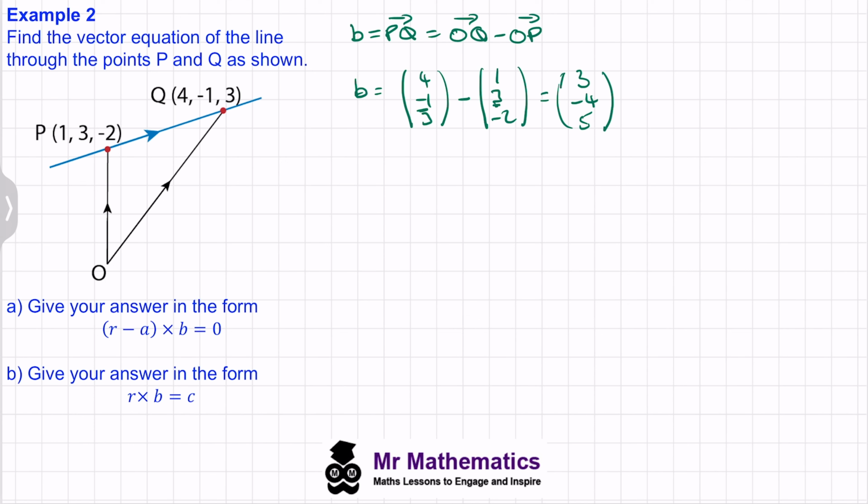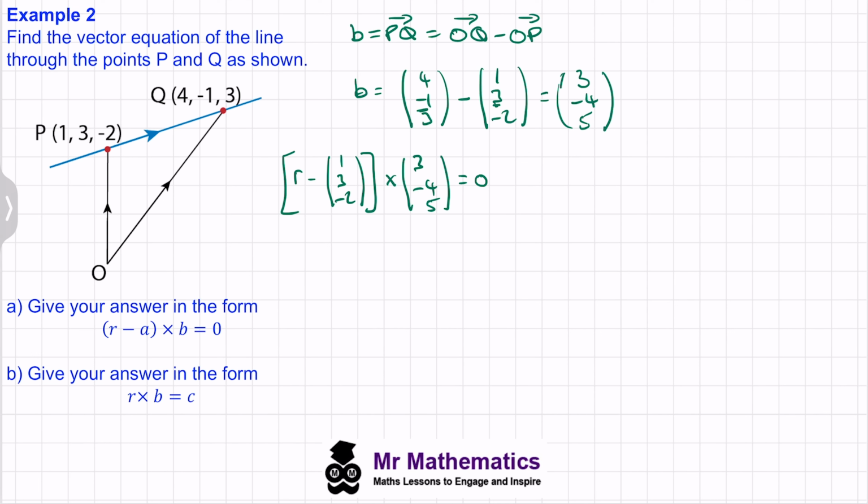You can see in the question we've been given a point on the line, which we could use as either P, 1, 3 and negative 2, or we could use the point Q, 4, negative 1 and 3. So I'm going to use both. For the first one, we'll have r minus point P, 1, 3, minus 2, in square brackets, crossed with the direction vector 3, minus 4 and 5, and that will equal 0.